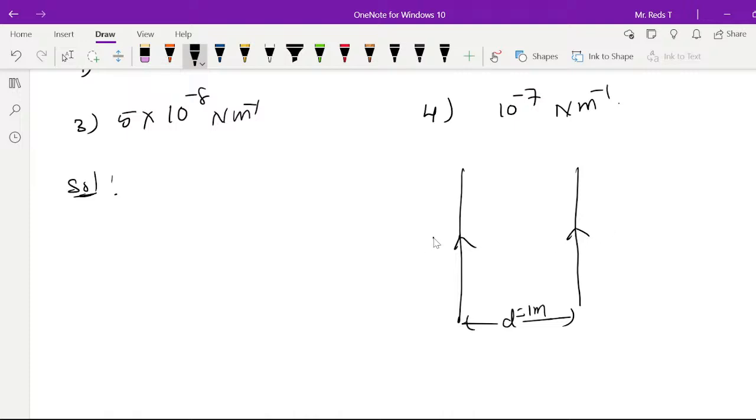So you can say this is I1, this is I2. Both are equal to 1 ampere.